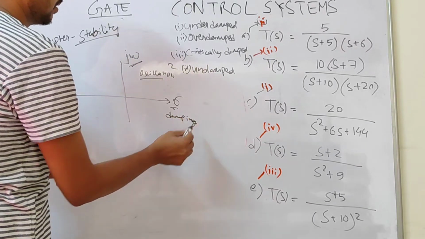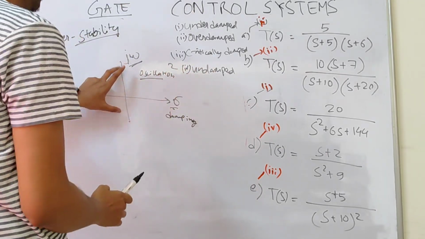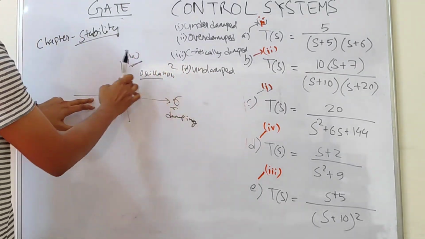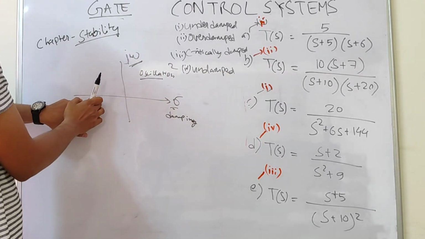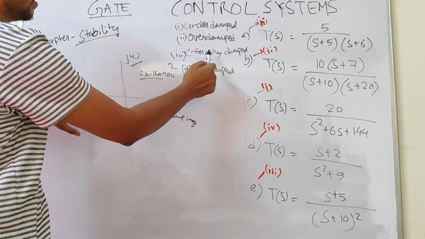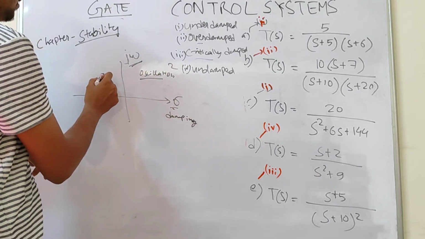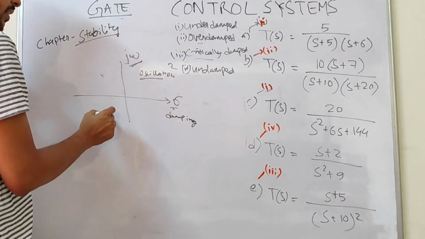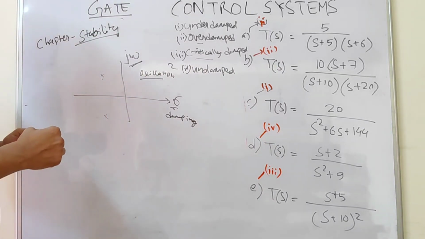Okay. So when there is only j omega, meaning pure oscillation, that is undamped. When there is only sigma, there is no j omega, no oscillation, so then it's overdamped or critically damped, depending on whether the poles repeat or not. If poles repeat in the same location, then it's critically damped, otherwise it's overdamped. When both sigma and j omega are there, in complex conjugate form, then it's an underdamped system.